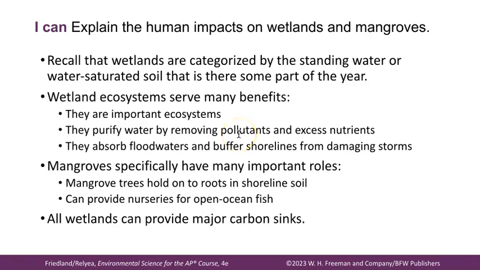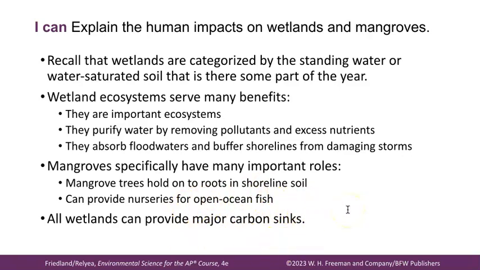They absorb floodwaters and buffer shores from damaging storms. Mangroves are a type of wetlands in subtropical and tropical locations. They have these big roots that hold shoreline soil. They can provide nurseries for open ocean fish. All wetlands are major carbon sinks, know that.